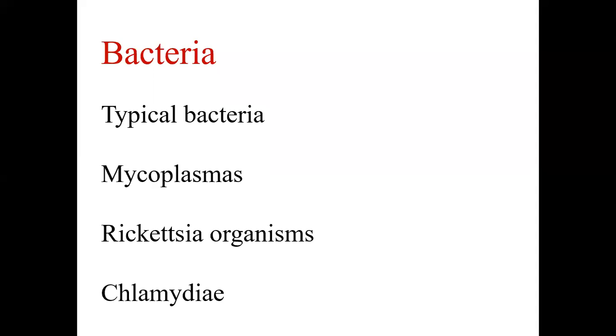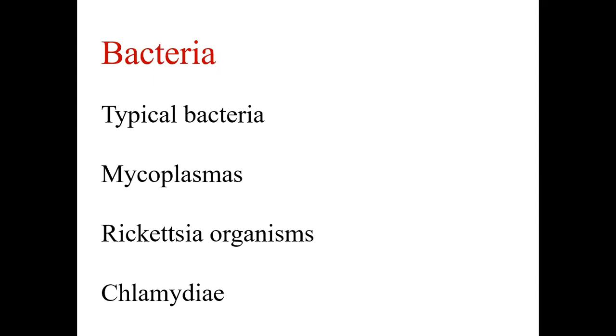Mycoplasma pneumoniae is a causative agent of atypical pneumonia. Third is rickettsia. These organisms are obligate intracellular bacteria that are incapable of self-replicating and depend on the host cell for gaining their ATP. Chlamydia are bacteria-like obligate intracellular pathogens with a complex growth cycle involving intracellular and extracellular forms.